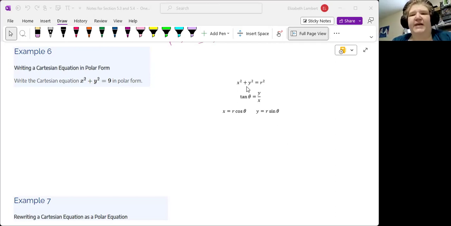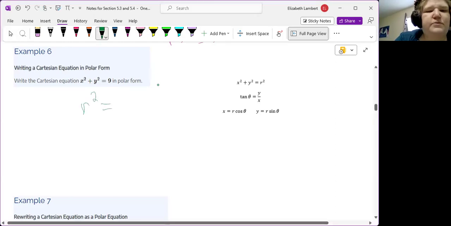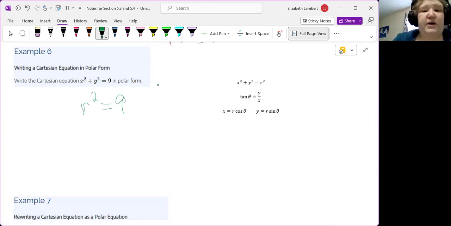My first one, x squared plus y squared equals r squared. Well, there's literally x squared plus y squared there. That is r squared, so let's change it out. In place of x squared plus y squared, I wrote r squared. So we have r squared equals 9.